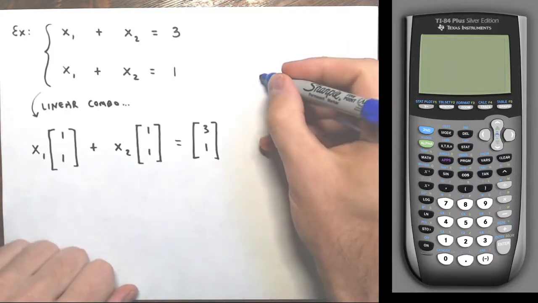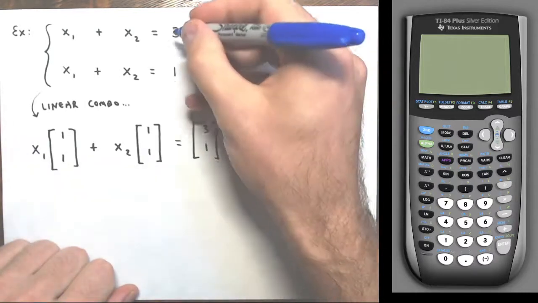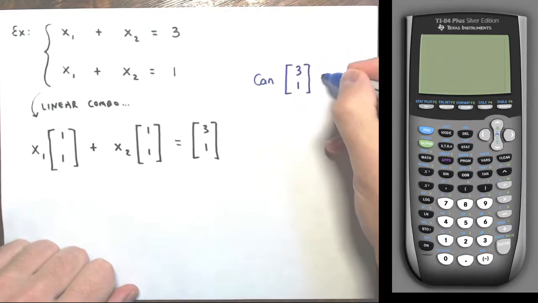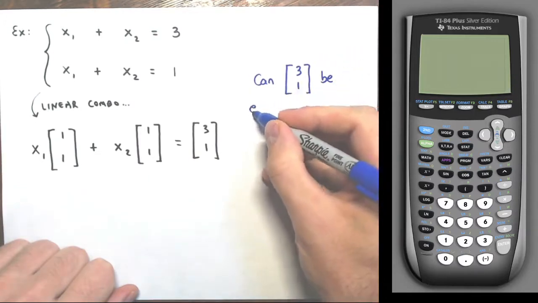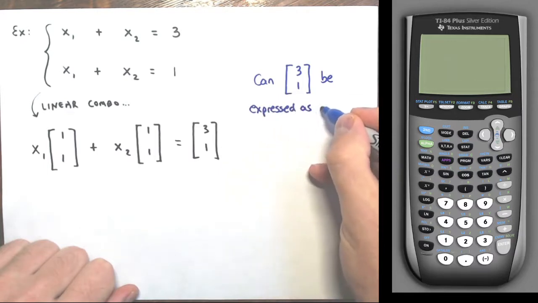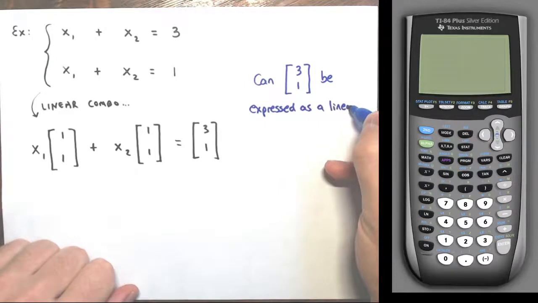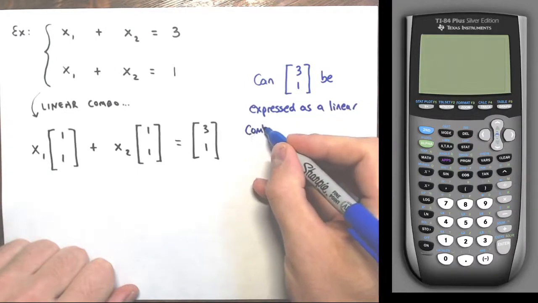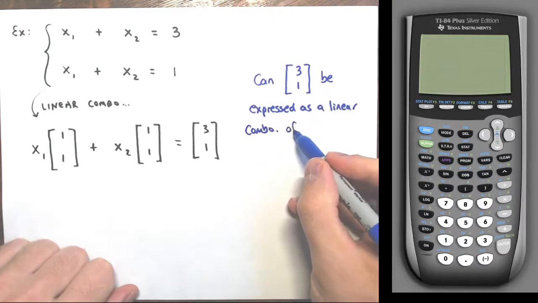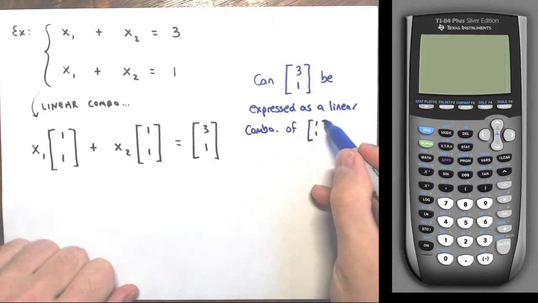So the question is, can 3, 1 be expressed as a linear combination, let's put linear combo from now on, of the vectors 1, 1 and 1, 1?